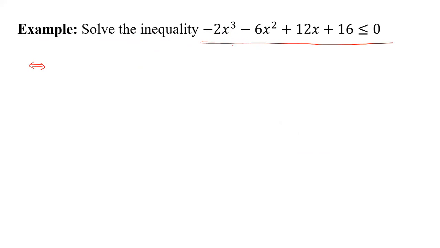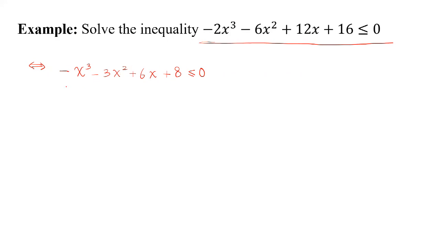Because 2 is a positive number, we don't change the inequality symbol here. So the original inequality is equivalent to minus x cubed minus 3x squared plus 6x plus 8 less than or equal to 0.